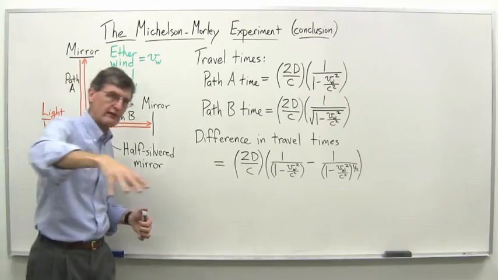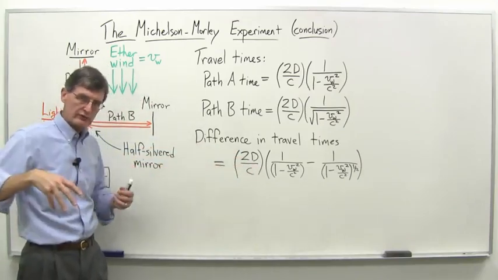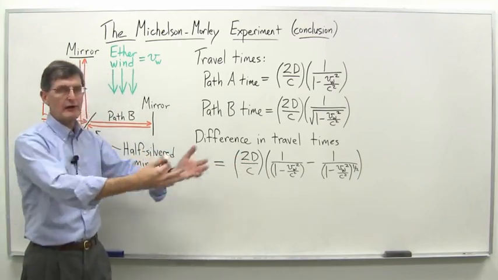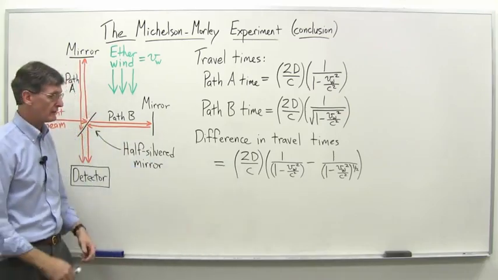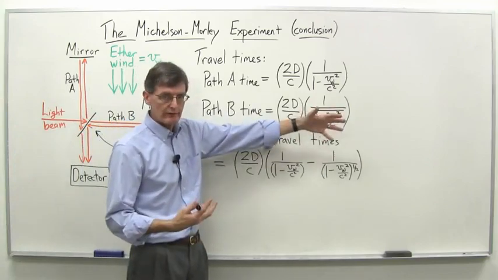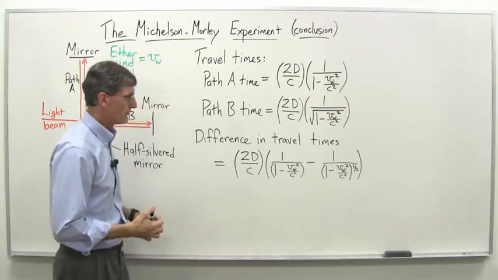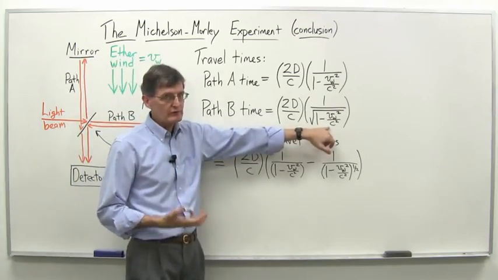So the idea is as the Earth travels around the sun, we'll be experiencing an ether wind. We're traveling through the ether just like riding a bicycle through still air. You feel the breeze in your face. So this number here for v_w is about 30,000 meters per second. And just for comparison, the speed of light is still much, much greater than that.